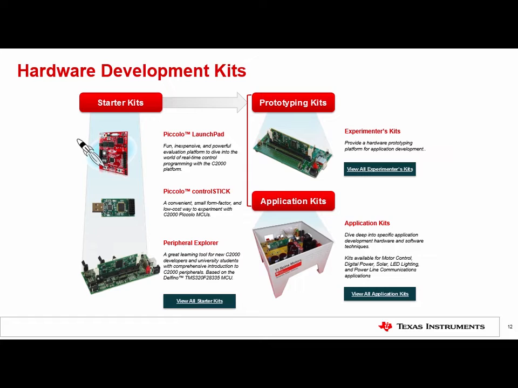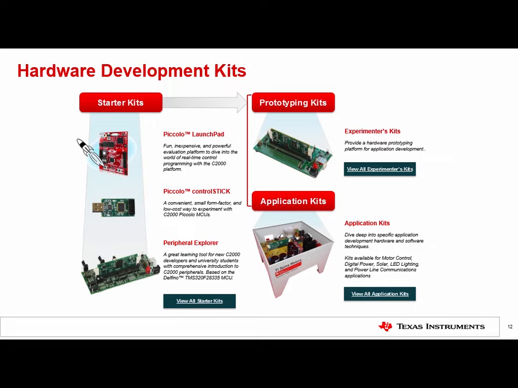Now, if you look at some of the hardware development kits, we have our starter kits, which includes things such as our LaunchPad. Our Piccolo LaunchPads are our starter kits, which many people can use to get started on C2000 motor control types of applications without spending a lot of money on the actual kits. These kits start today from about $17.